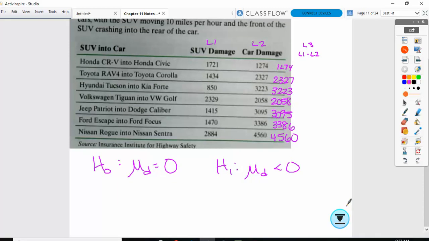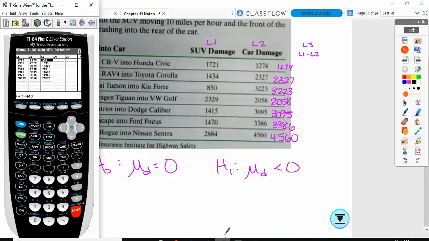Okay, so then if we wanted to test this, we go to stat, test, which one do we want? Number 2, a t-test. We're running it off data again. We need to make sure the difference is 0 and the list is L3 because that was our difference list. And we are testing less than.